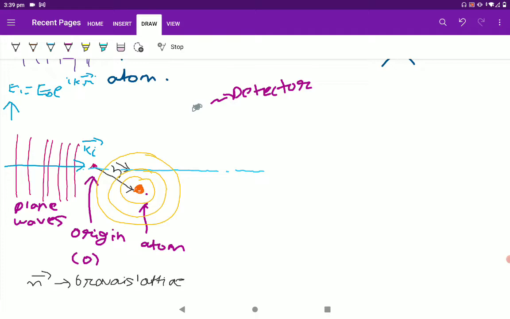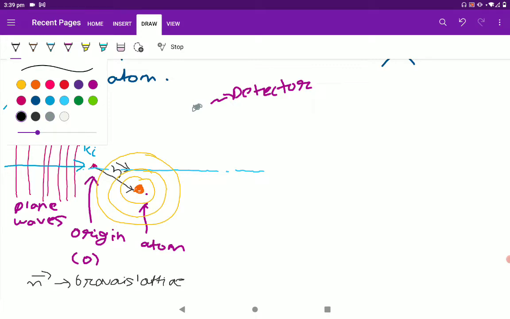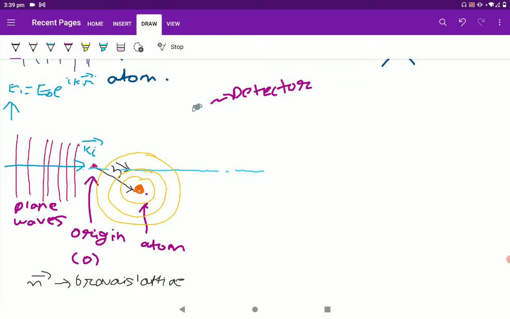Let's assume the distance between the detector and the origin is the vector r, from the origin.